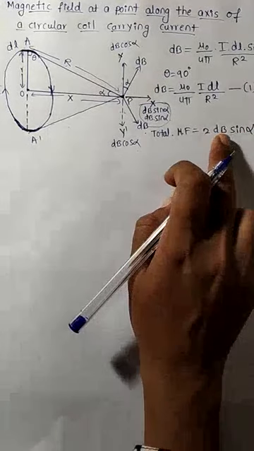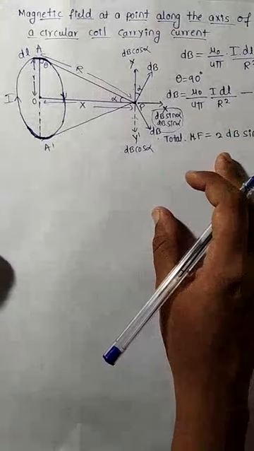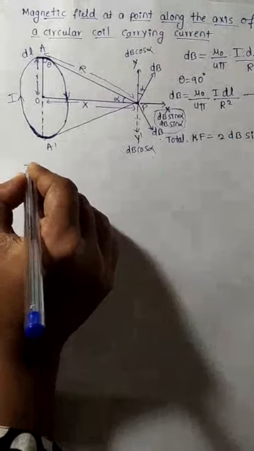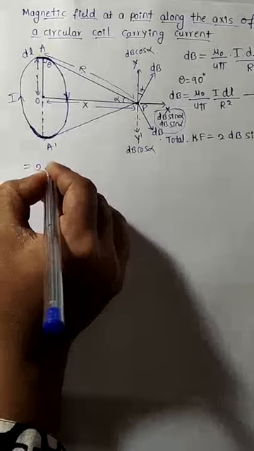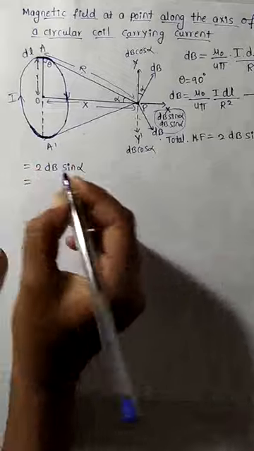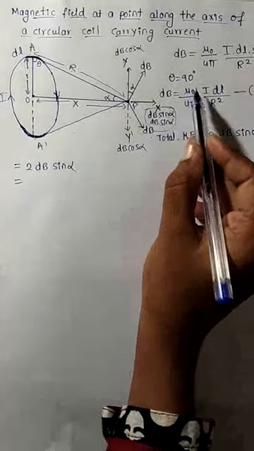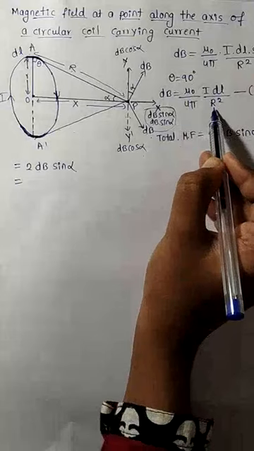So now we will solve this equation, that is 2 dB sin alpha. So here I will take the total magnetic field as 2 dB sin alpha, which is equal to, so already we know the dB value, isn't it? So dB value is what? Mu naught by 4 pi, I dl divided by r square.